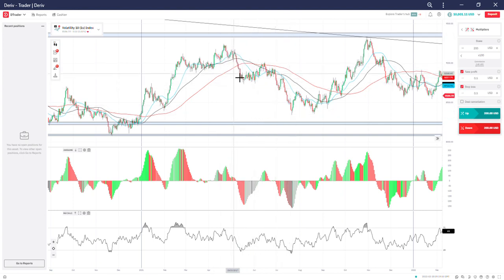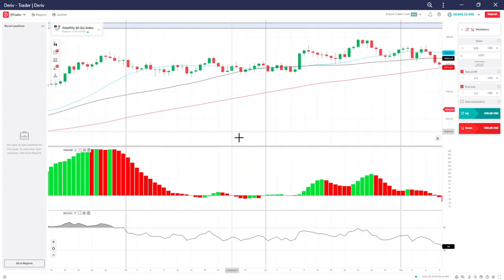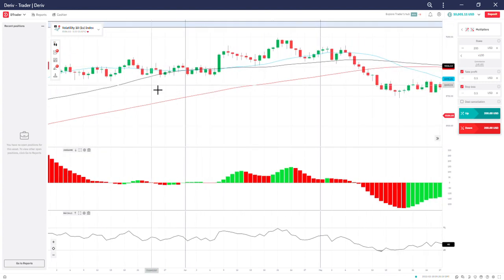But of course, when you observe this 25 period moving average, you would identify that it was intercepting and then acting as a resistance, intercepting again, acting as a support, intercepting, acting as a resistance severally. The same thing applied to this one.